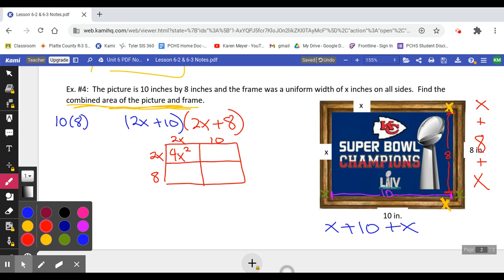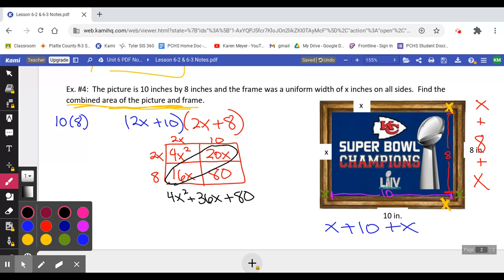And then 2x times 10 is 20x. 8 times 2x is 16x. And 8 times 10 is 80. And then I'm going to combine my like terms here. I'm going to do 4x squared plus 36x plus 80.